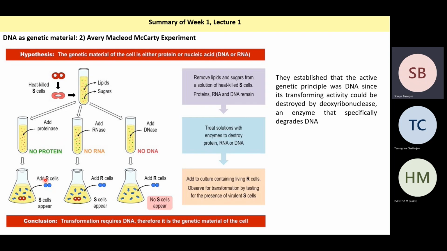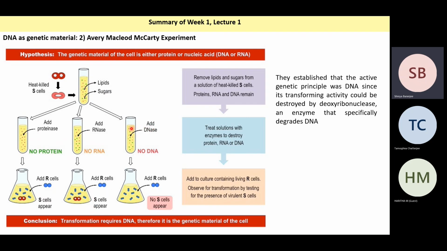Then they added the harmless bacteria, and they saw that even though there is no protein, something that is passing on to the new bacteria is still there. So protein is not the genetic material. They did the same thing using RNase, which is an enzyme that breaks down RNA, and they found that even then the transforming principle was present.